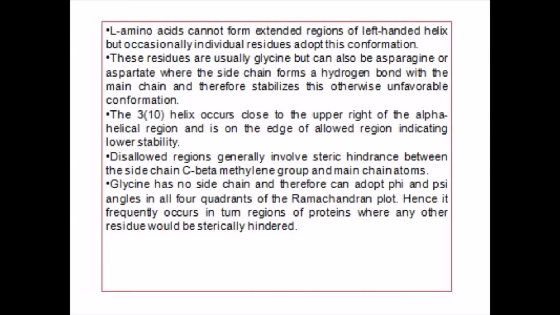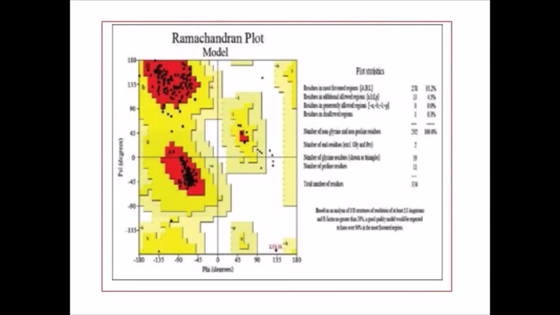Hence, it frequently occurs in turn regions of proteins where any other residue would be sterically hindered. This is one of the evaluation methods of the Ramachandran plot using Procheck. Here the residues in the favored regions are showing 95.2%, that is, the model is valid.